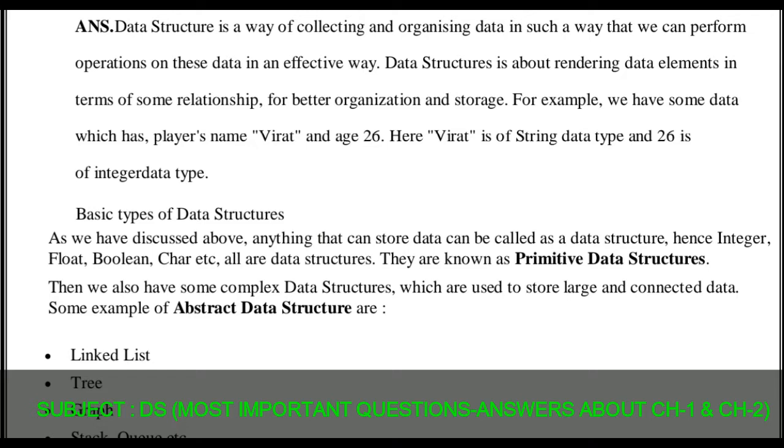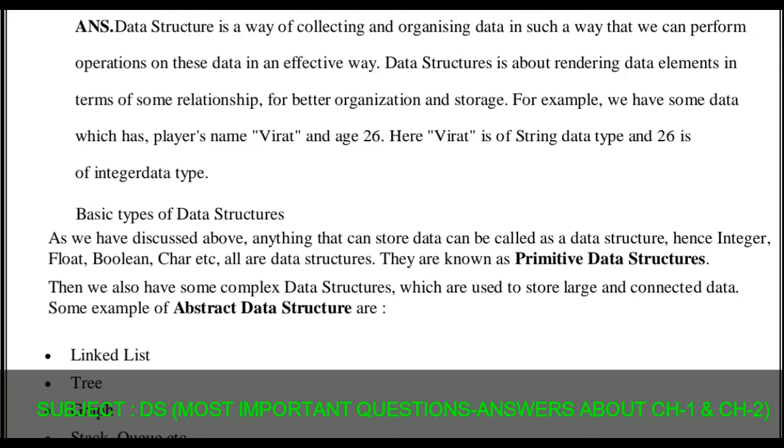Once again, which data types are called primitive data structures? Integer, float, boolean, character, etc. are all known as primitive data structures. Then we also have some complex data structures which are used to store large and connected data.